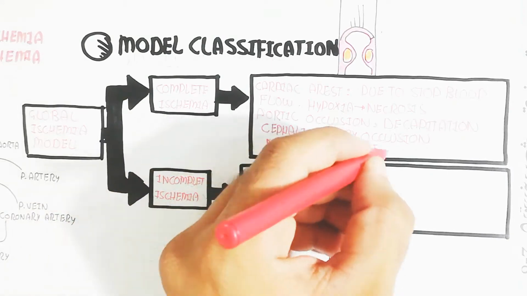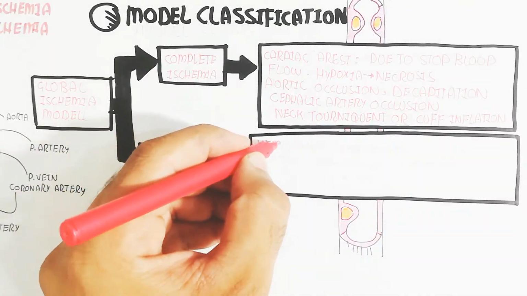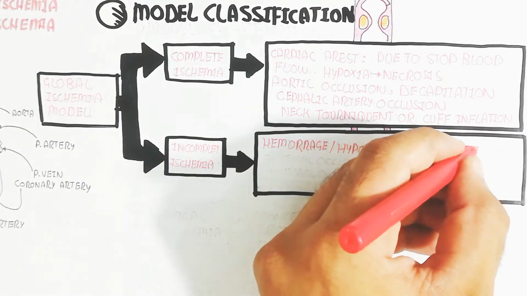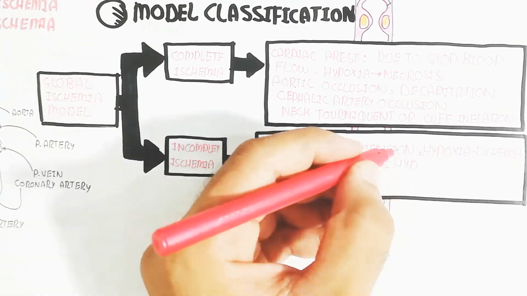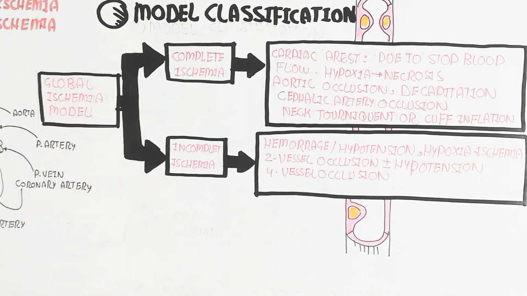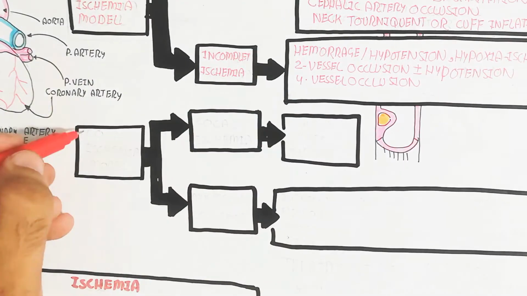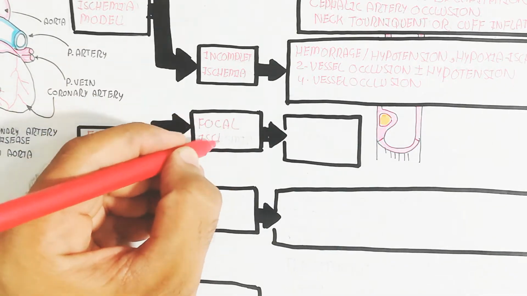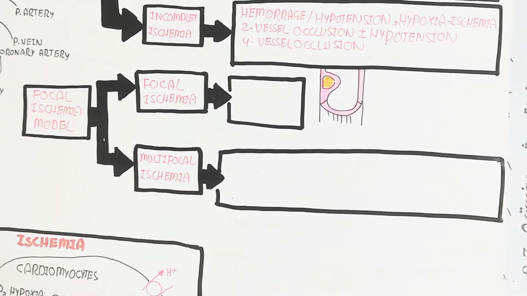tourniquet or cuff inflation. On the other hand, incomplete ischemia is survivable and can involve hemorrhage, brain hemorrhage or hemorrhage in another part, hypotension, hypoxia ischemia, and basically leads to vessel occlusion and less or more hypotension and vessel occlusion. On the other hand, the focal ischemia model can be divided into focal ischemia and multifocal ischemia.